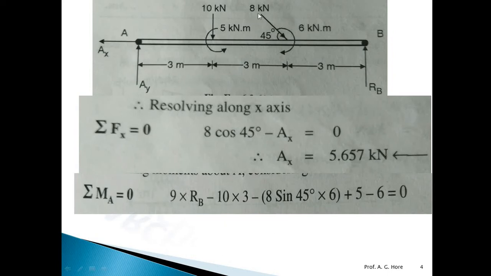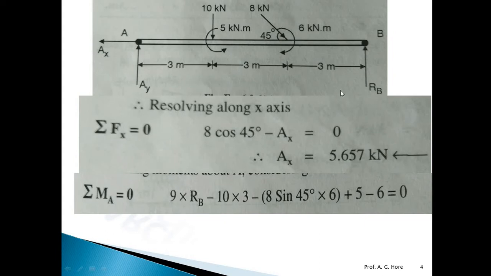The horizontal component of the 8 kilonewton force, 8 cos 45, has its line of action passing through point A, so its moment is 0 about point A. Now remaining is the 10 kilonewton force, the vertical component of the 8 kilonewton force, which is 8 sin 45, then RB and these two couple moments, clockwise and anti-clockwise. So apply one by one.